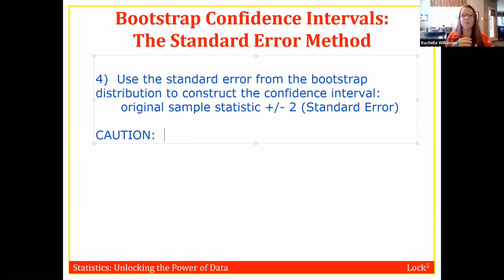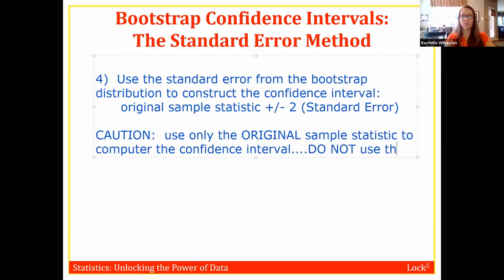So because we only have a few thousand, the center of that is going to be more of an estimate, and we want to use the original sample statistic because it's still the best estimate for the population parameter. So my caution is use only the original sample statistic to compute the confidence interval. Do not use the mean of the bootstrap distribution.